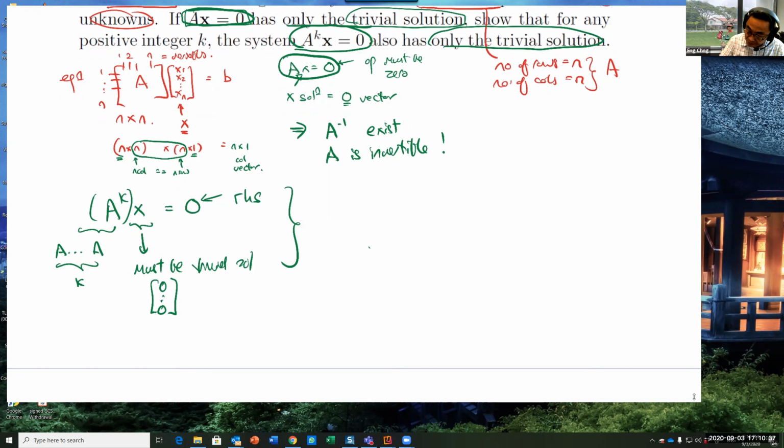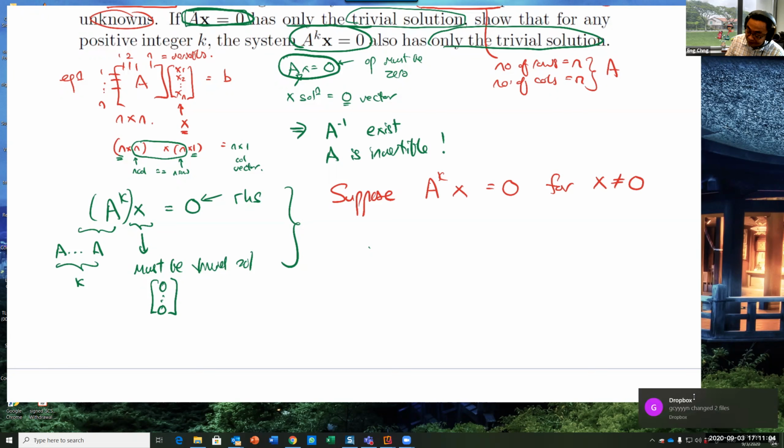So we are going to start this way. We say that suppose A^k times X equals 0 for X not equal to 0. That's not what he wants. He wants us to show that X must be 0.